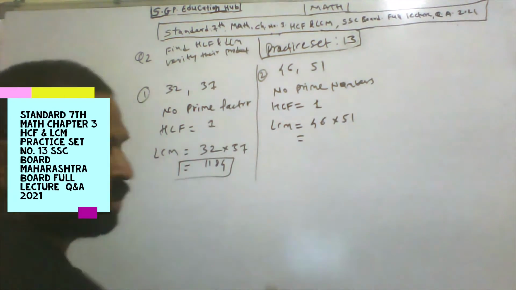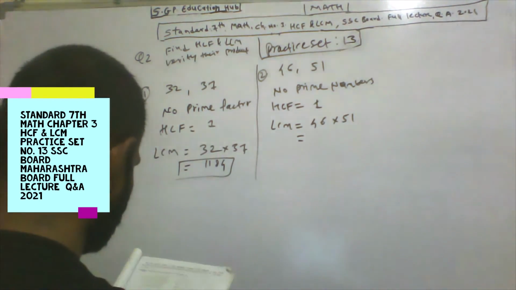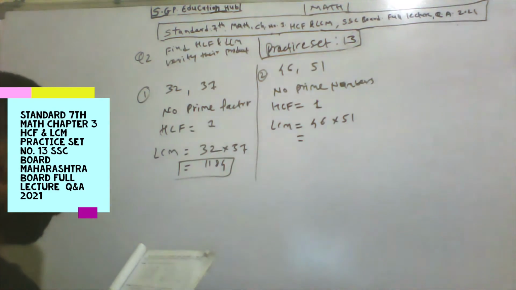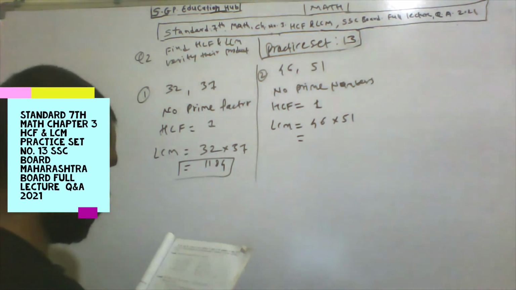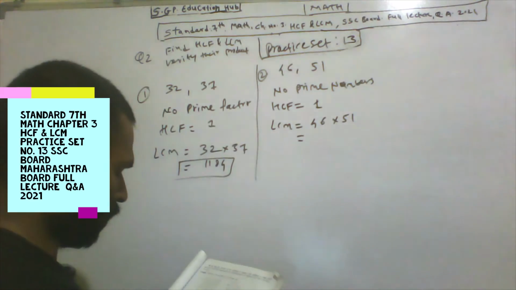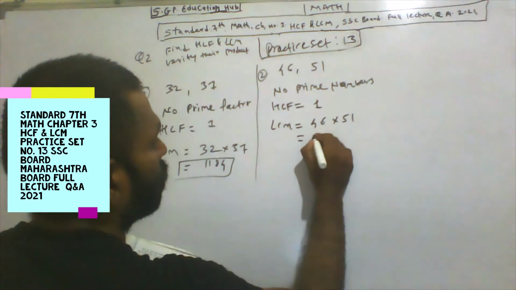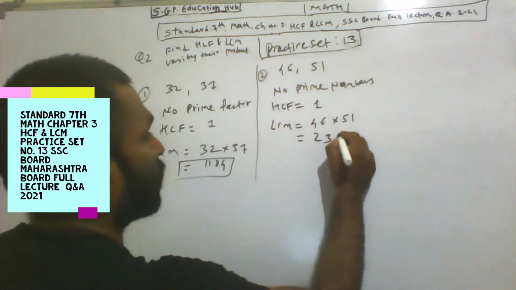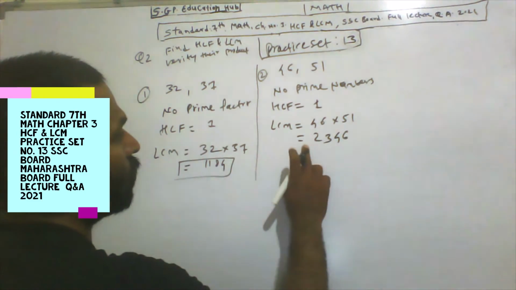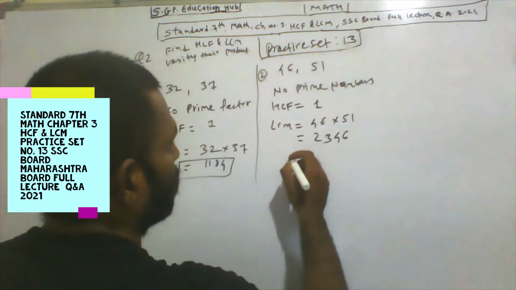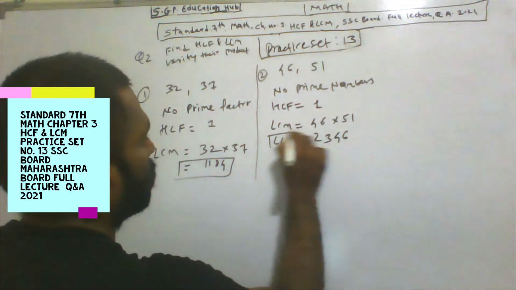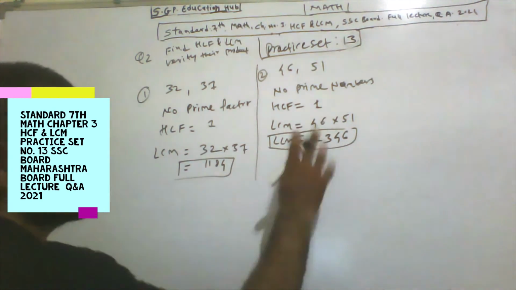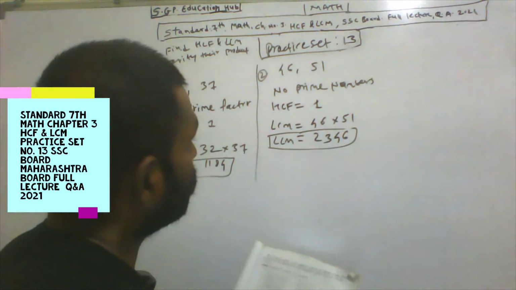So 46 into 51 is 2346. 2346 is the LCM answer. Will you get that?